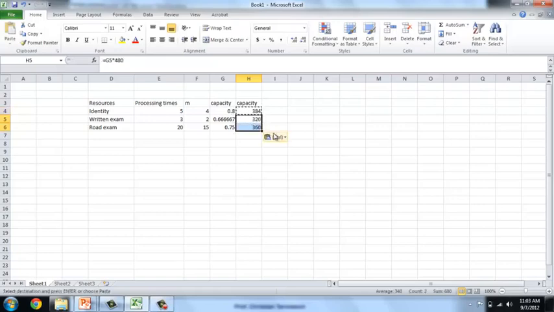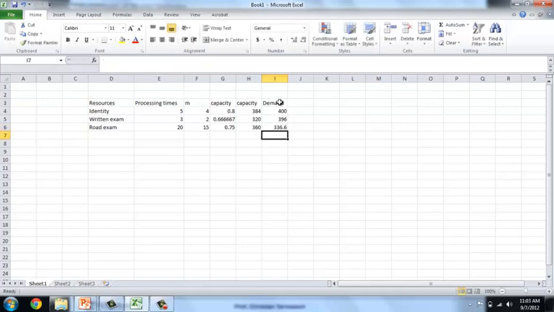All right, the next thing I have to figure out is demand, right? So demand is, we know, for the identity check, there are 400 people showing up to get their identity checked. We have on the process flow diagram a moment ago identified that there will be 396 coming to the written exam, and then because of failure in the written exam, there will be 336.6 people showing up for the road test.